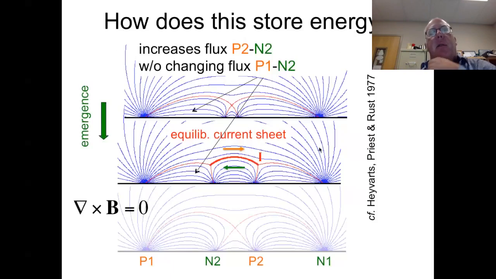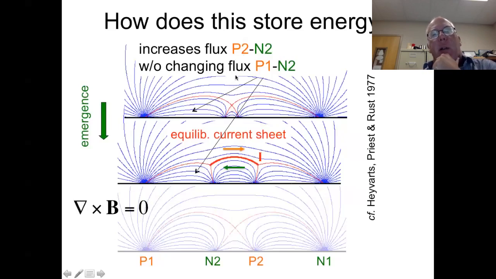And here again, we have a nice cartoon with the same color scheme I was using before. We have blue field lines. I have basically an overlying field, even though they're not really overlying. We'll get to that. But basically positive P1 connecting to N1. And then the new flux is this P2 N2 region that gets pushed up underneath the existing flux.